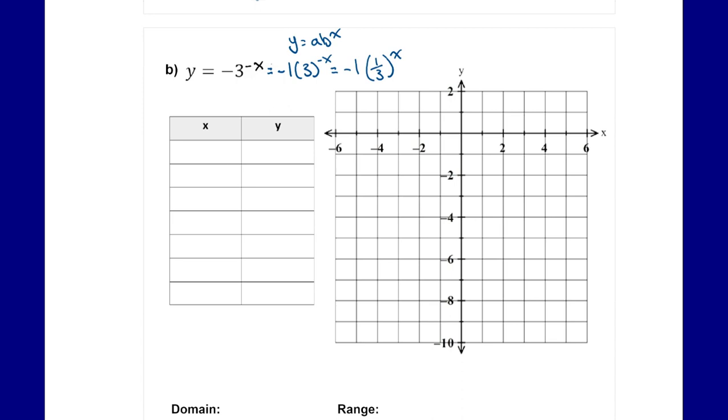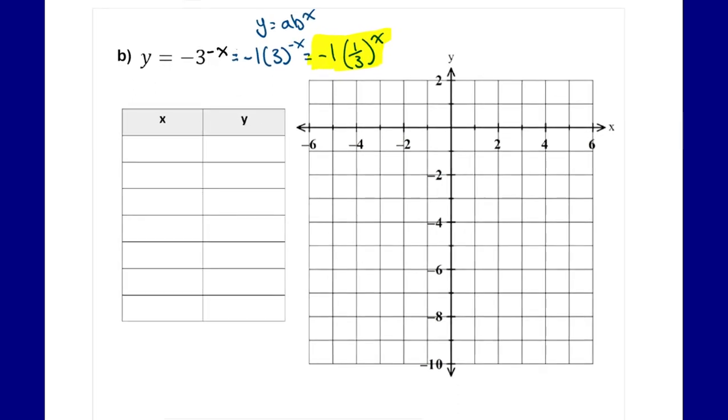So this is actually a better representation of my exponential function. By looking at that, now I can see my initial value, I can see the decay factor in this case, and I can also see my x being positive.